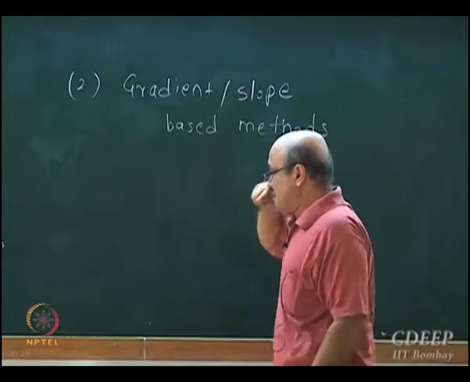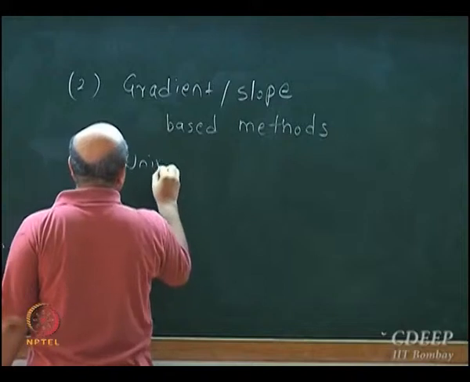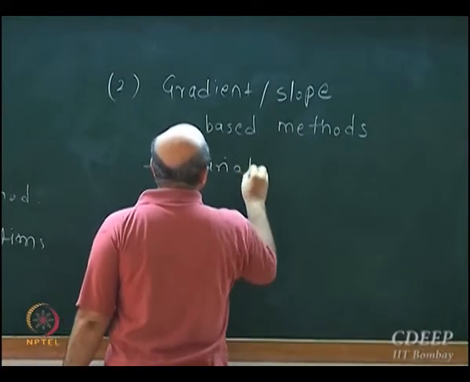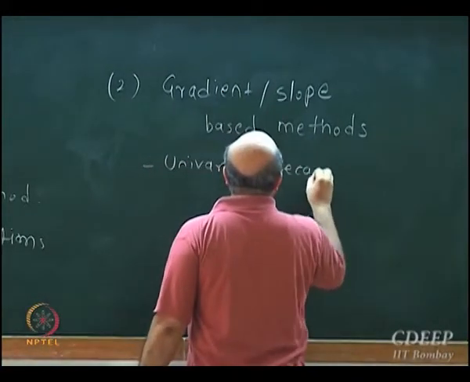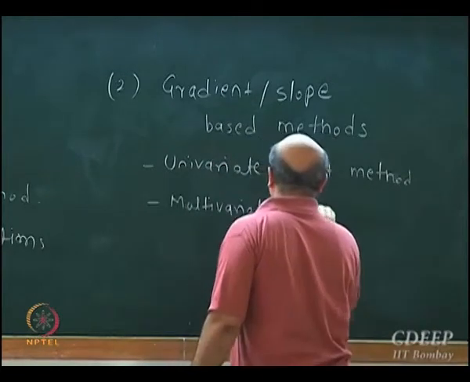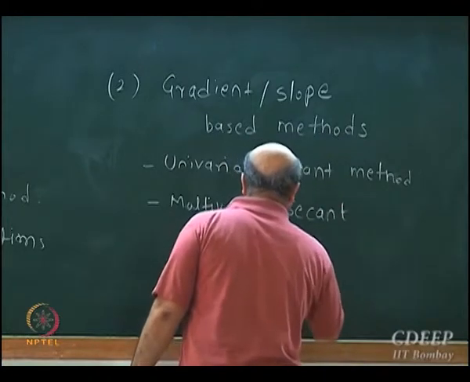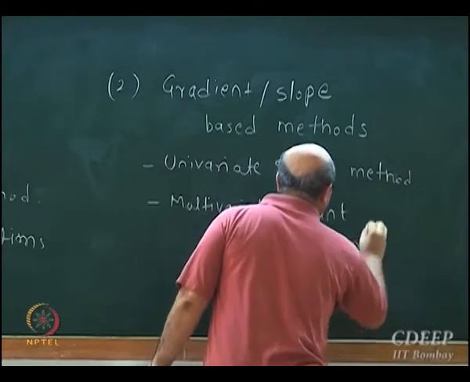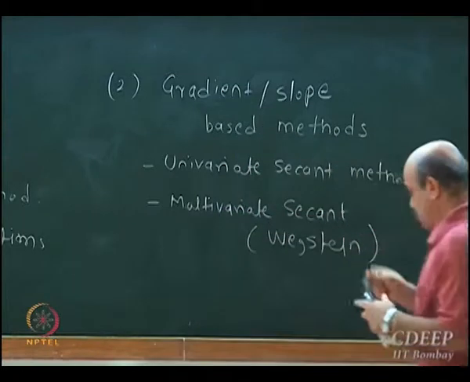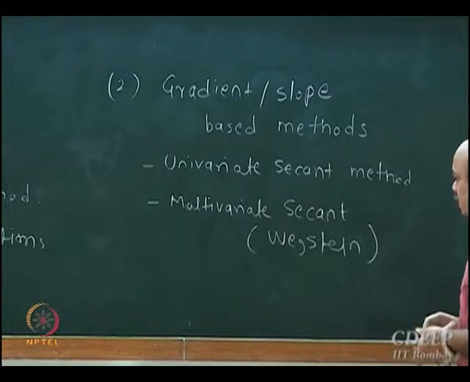and here we have looked at the univariate secant method, and the multivariate secant, which is popularly known as Wegstein iterations.